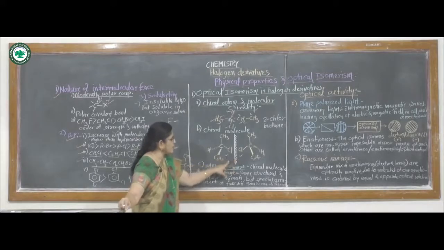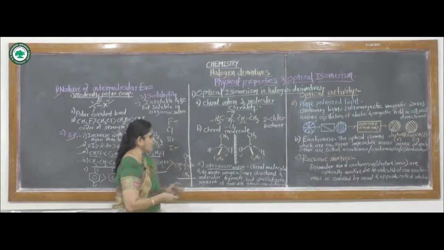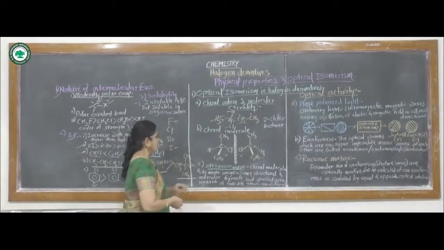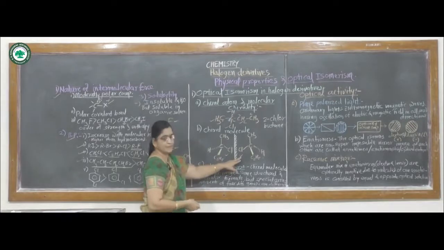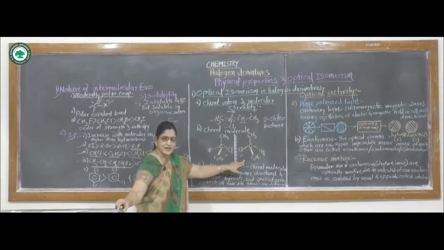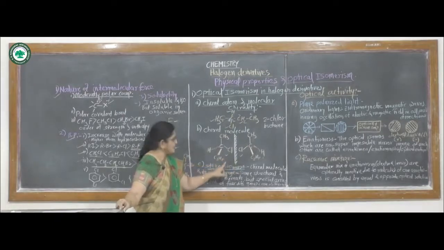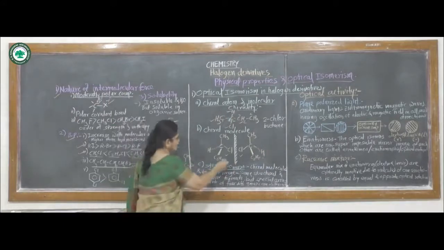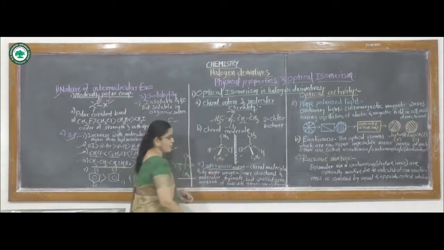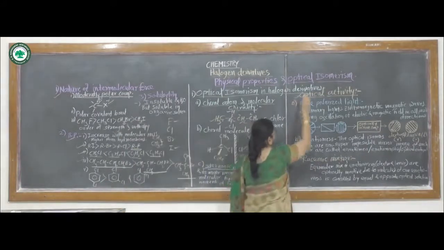See here, these two molecules have the same structural formula, and the molecular formula is also the same, but only the spatial arrangement of these atoms or groups of atoms in these two molecules is different. Such two isomers are called stereoisomers, and this is stereoisomerism.